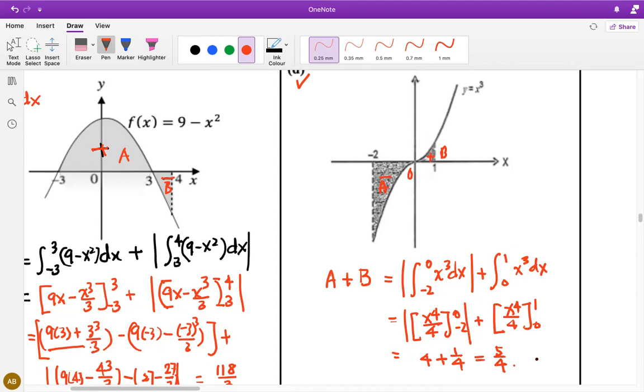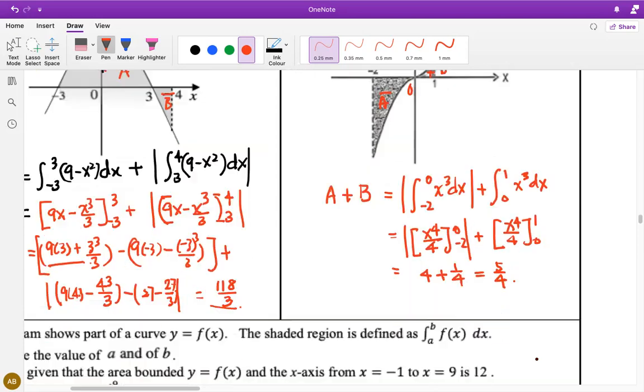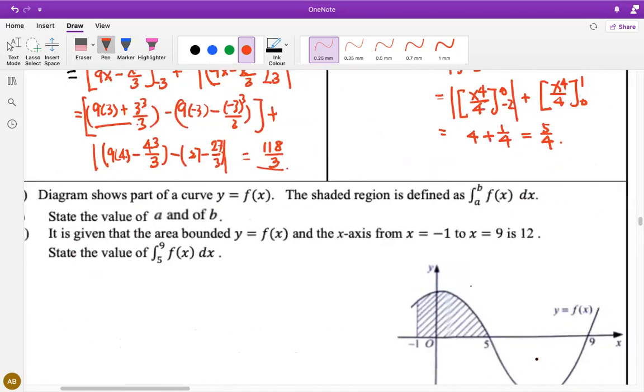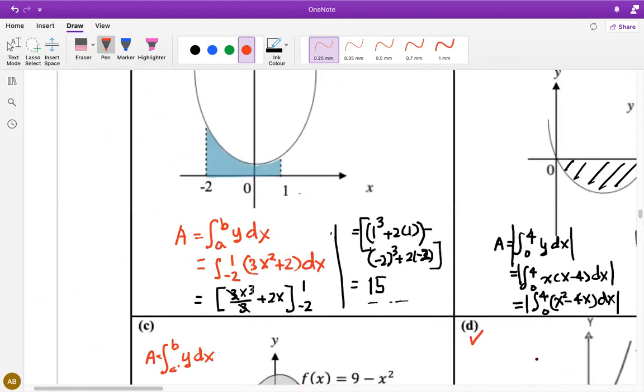Negative 16 divided by 4 is negative 4. Negative 4, you modulus it, it becomes positive 4. Then you plus 1 over 4 minus 0 over 4. So you get 4 plus 1 over 4 is 5 over 4. Okay. This is C and D.